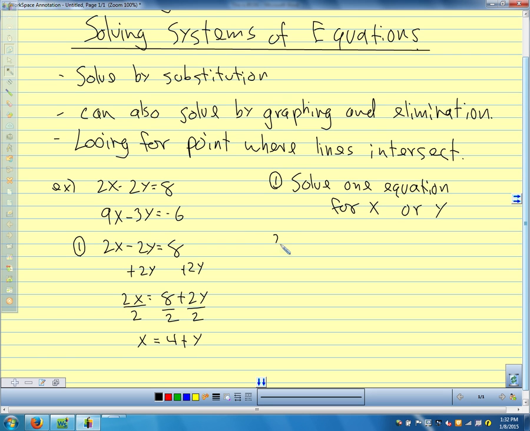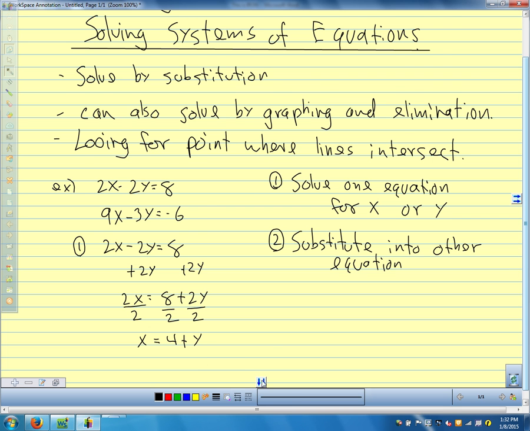My second step is I'm going to substitute into the other equation. That's why we call it substitution. I substitute into the other equation because if I substitute this back into the first equation, I just get back to where I started.